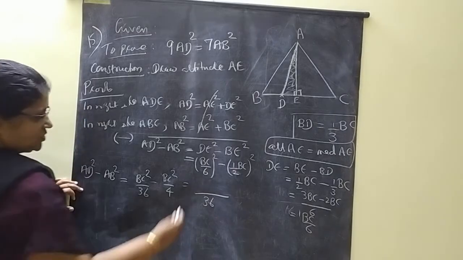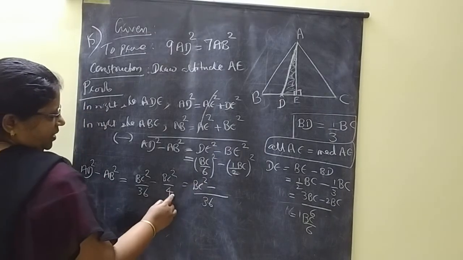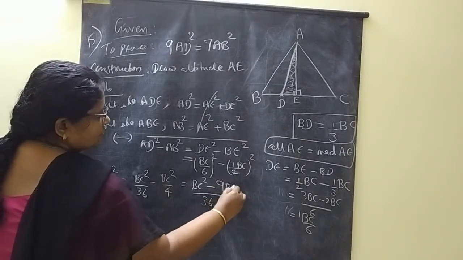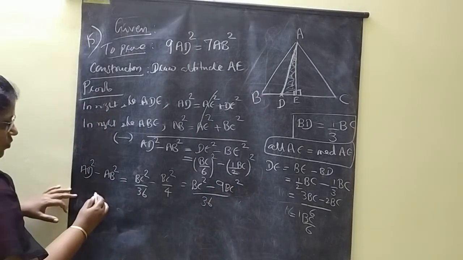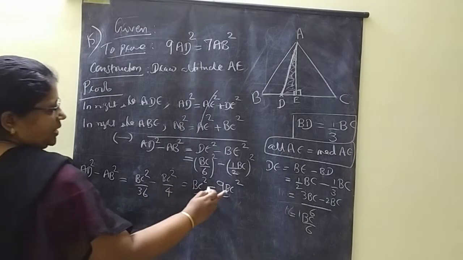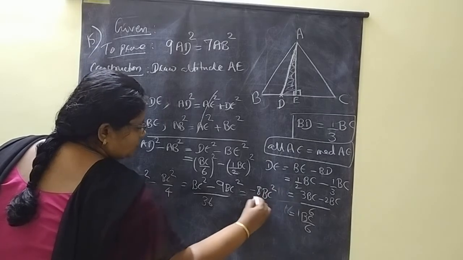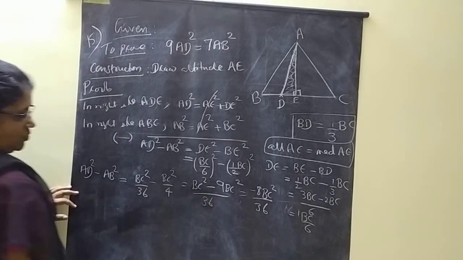LCM 36. You will get BC square minus 9 BC square. So what you are getting? BC square minus 9 BC square is minus 8 BC square by 36 you got.